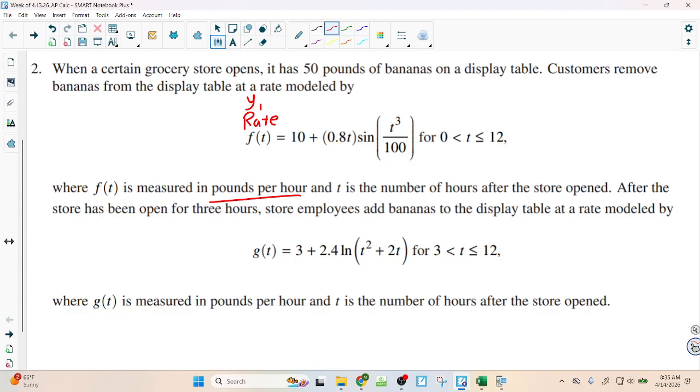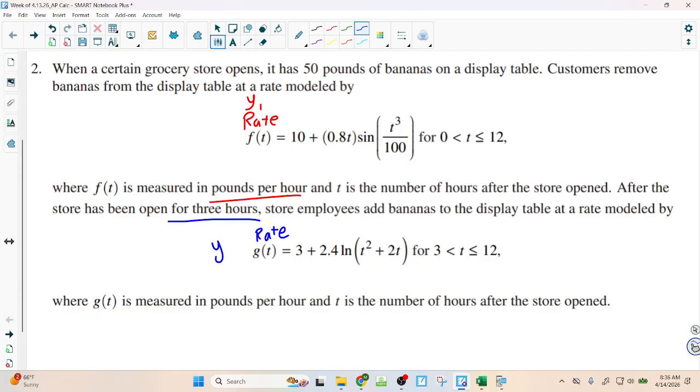So now we have hours after the store opens. And after it's been open for 3 hours, employees have to add bananas to the counter. Otherwise, we run out of bananas, right? That'd be bad. So after the store has been open for 3 hours, they're going to add bananas at another rate.